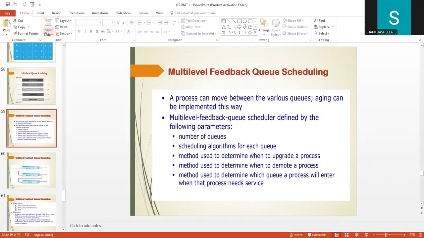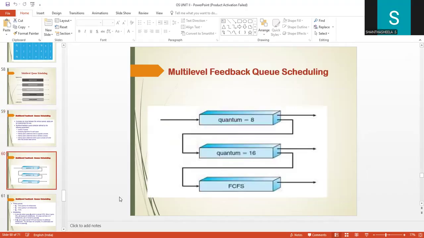Upgrading a process means moving it from a lower priority to a higher priority, and demoting a process means moving it from a higher priority to a lower priority. And what method is used to determine which queue a process will enter when that process needs service. These are some of the parameters related to multi-level feedback queue scheduling.